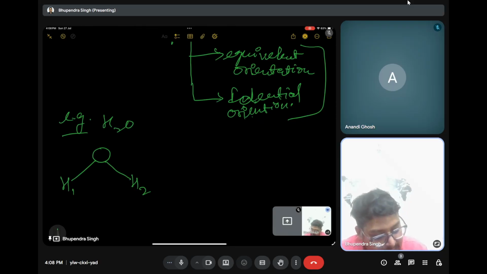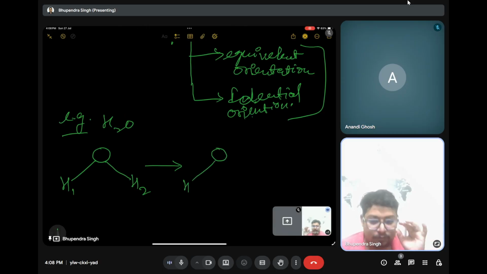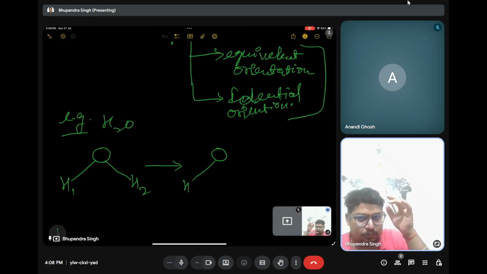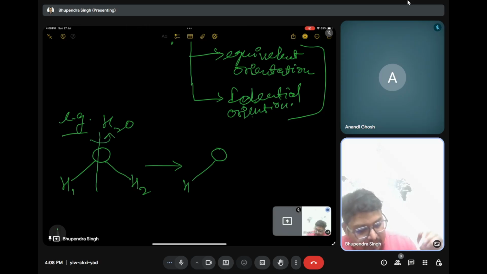If I reorient this water molecule by 180 degrees, how will it look? Of course, I have to give an axis of operation, the axis from where I am going to rotate this molecule. So let's say this is the axis of rotation.